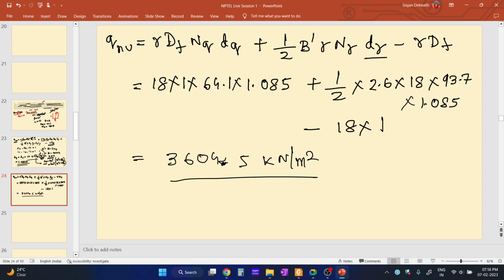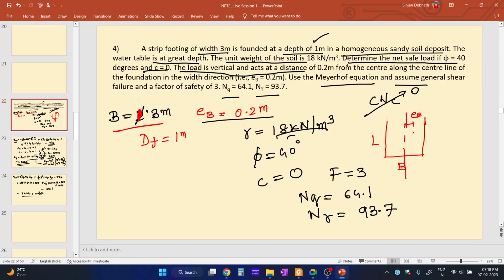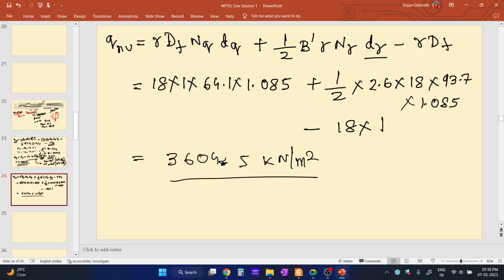This one is in the form of stress. And the question is, you need to find the net safe load. So we know now the net ultimate. From net ultimate, we need to find the net safe bearing capacity, and from that, the net safe load.